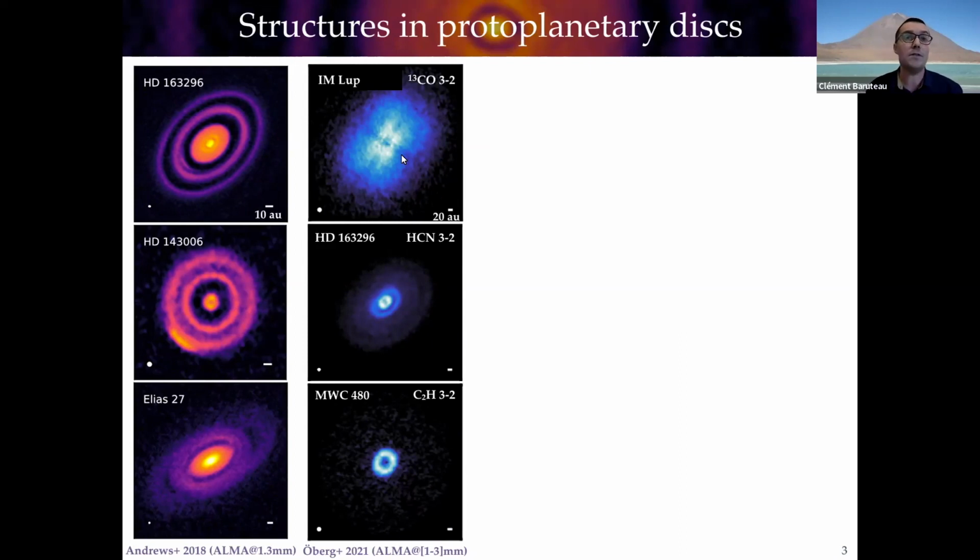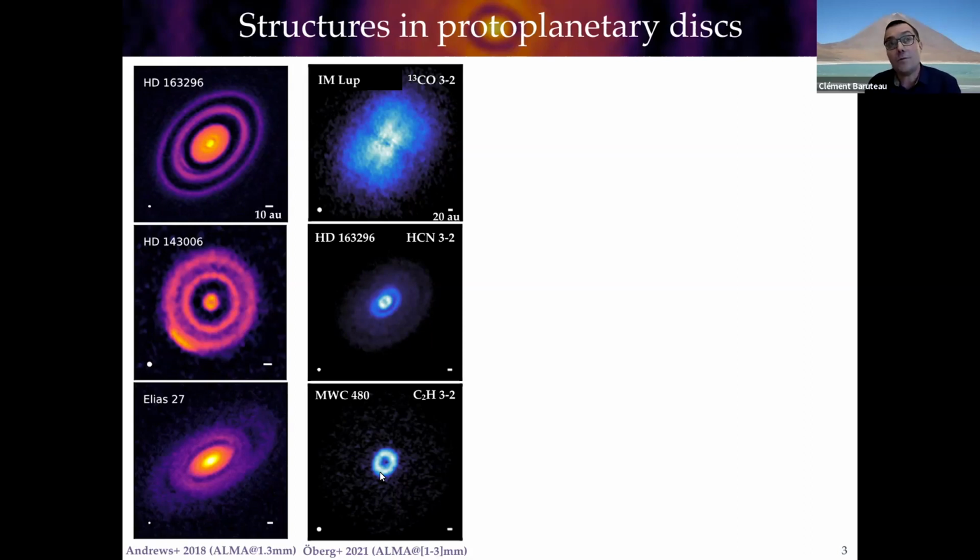And again, you see dark and bright rings of emission, which can be multiple, like in this disk, HD 163296, which is, by the way, the same as the one that we've seen in the dust continuum emission, or sometimes just single rings of emission. So again, the takeaway message here is the diversity of structures that we see in the dust and in the gas. The idea is to try and understand what's behind these many structures, what kind of dynamical signature this is telling us, and whether this has to do with planets.